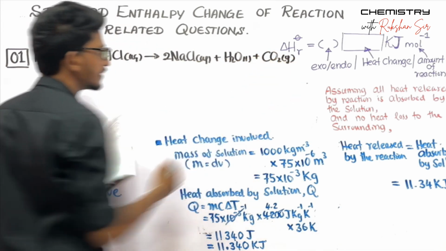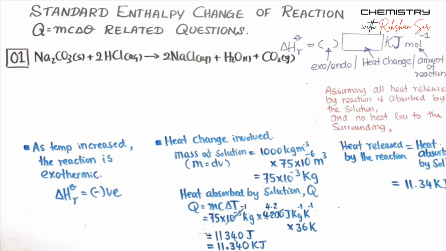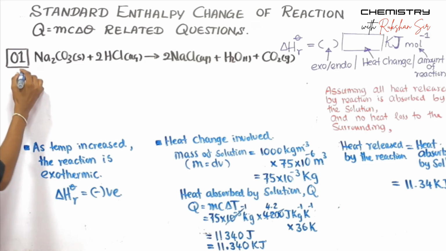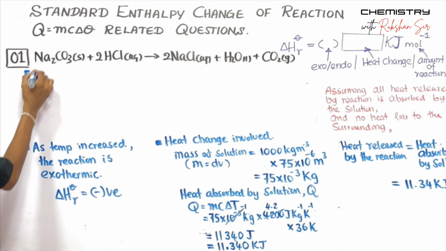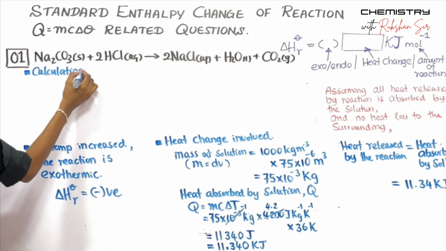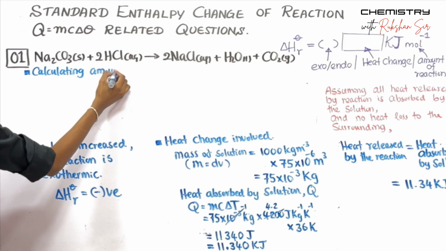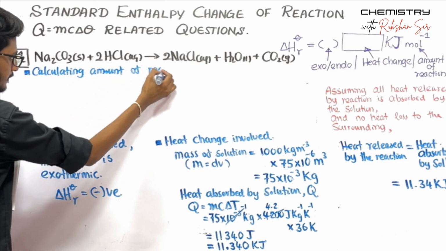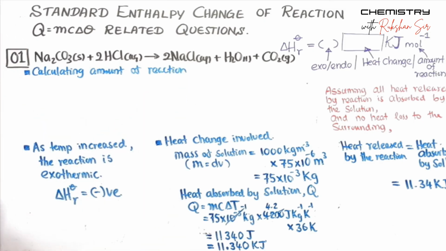Now, let's come up with the amount of reaction here. Calculating amount of reaction. So first we need to identify the limiting reagent here, so let's do that.